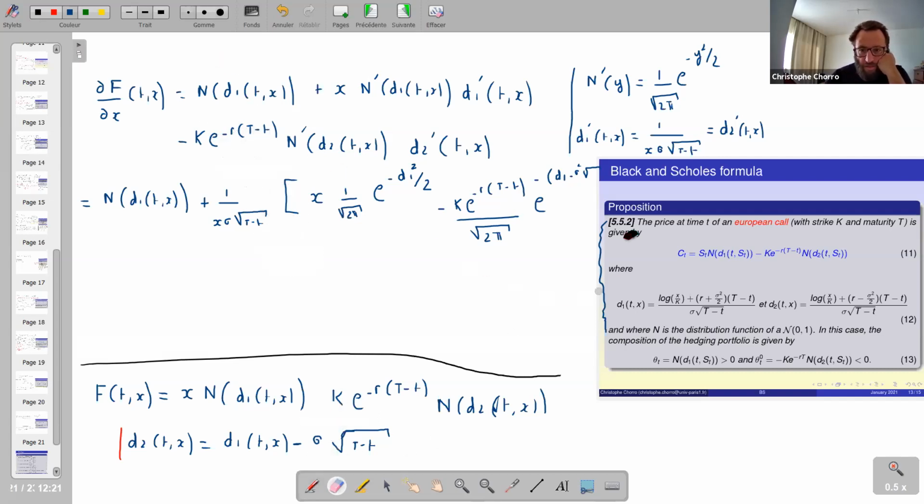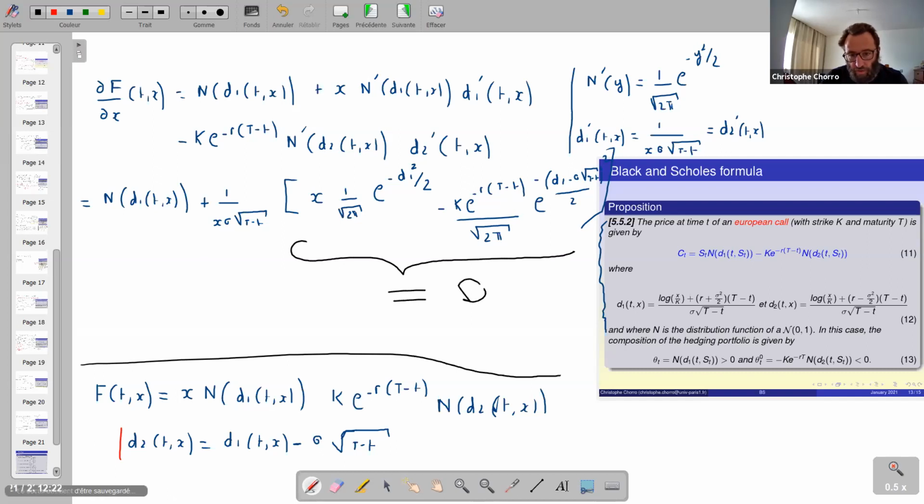So let's do the job here: d1 minus sigma square root of capital T minus t, all squared over 2, and I close the bracket here. I won't do the computation because I don't have much room here, but at home you can prove that this term is simply equal to 0.